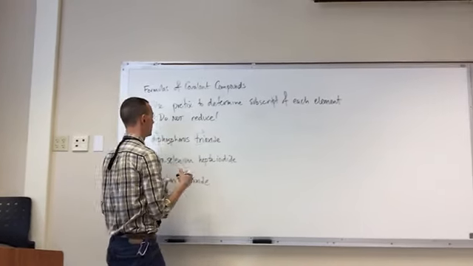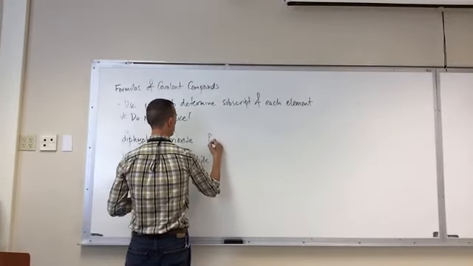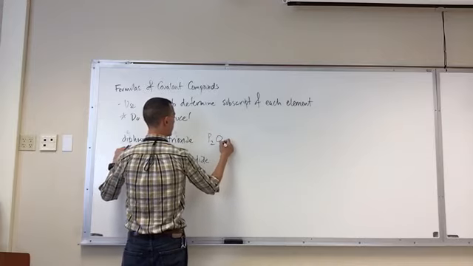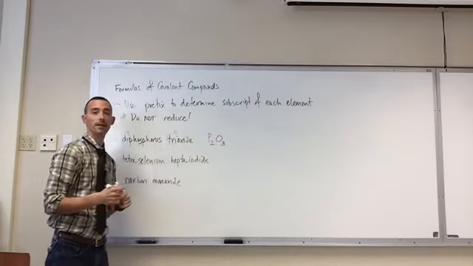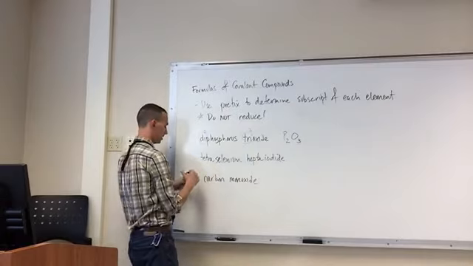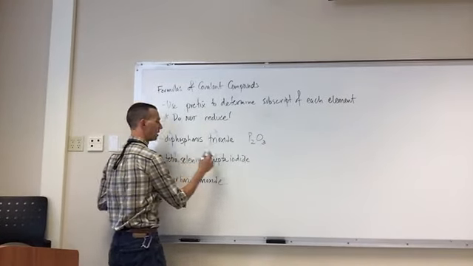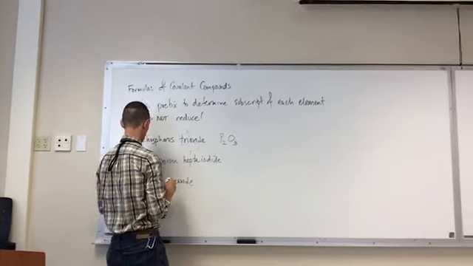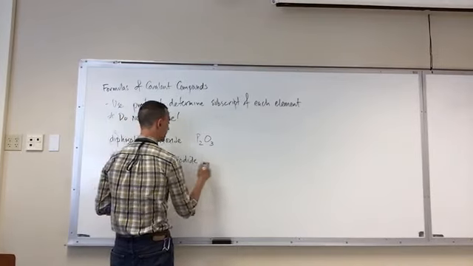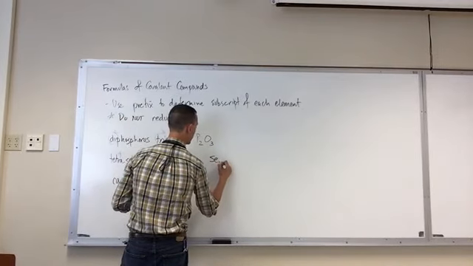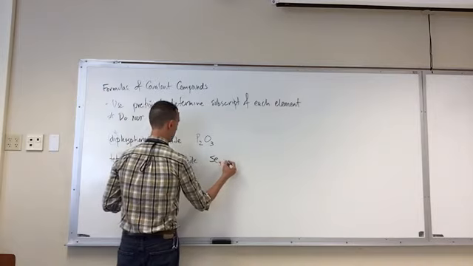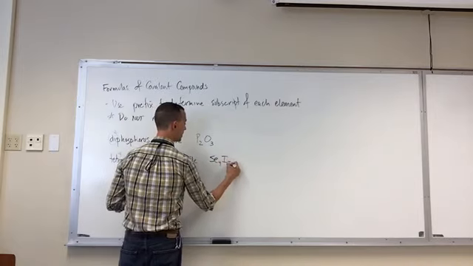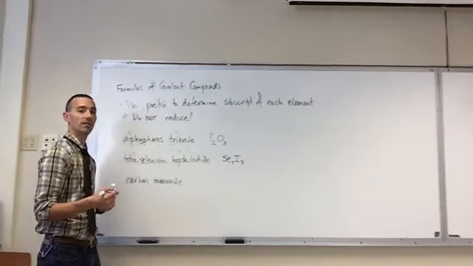So this would be P2 for the diphosphorus, O3. Tetra is 4, hepta is 7. So for selenium, the symbol is Se4. Iodide is I7.